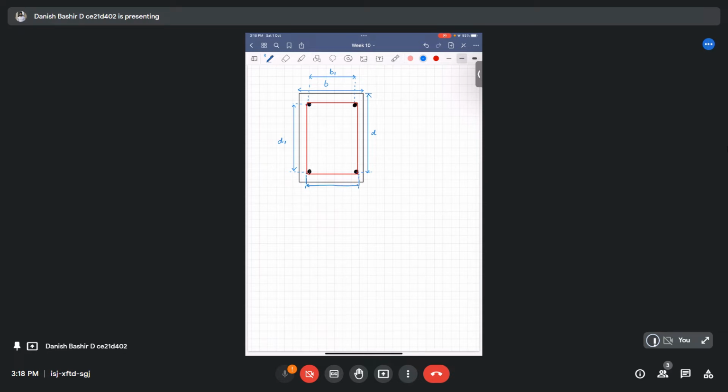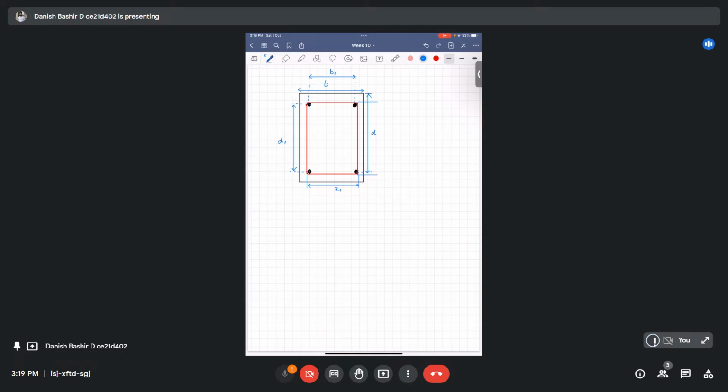Okay, sorry, we define these distances as x1. I will use these terminologies in subsequent formulas. If we measure it along the depth, we define it as y1.